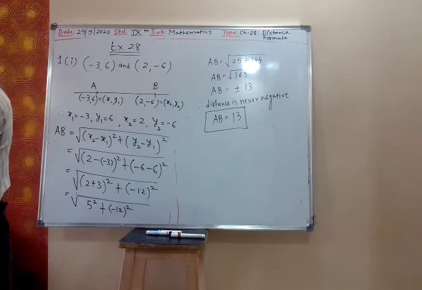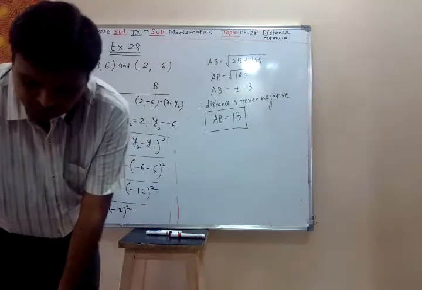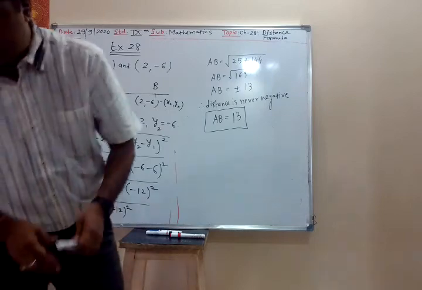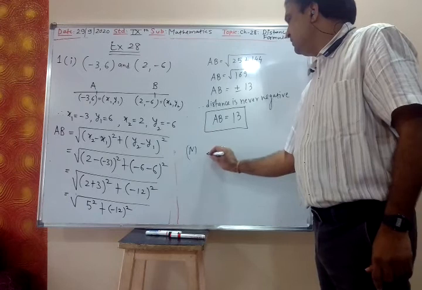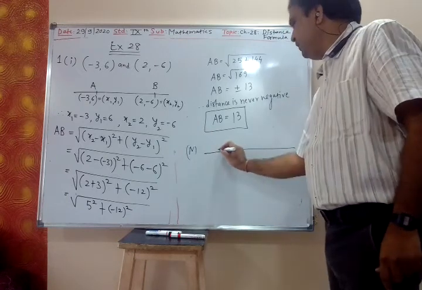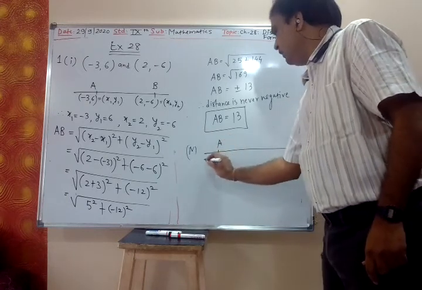Yes, distance between A and B is AB. What is there in the fourth? Fourth one, chalo. First point we take A, what is that?